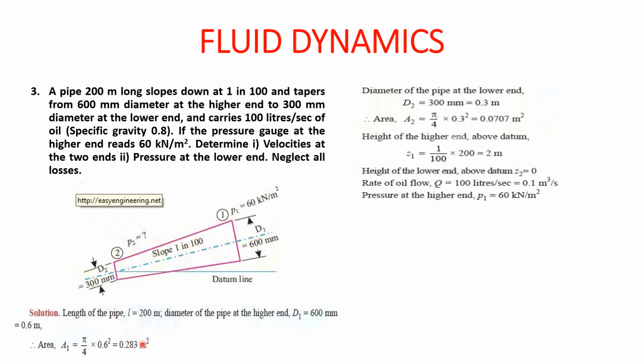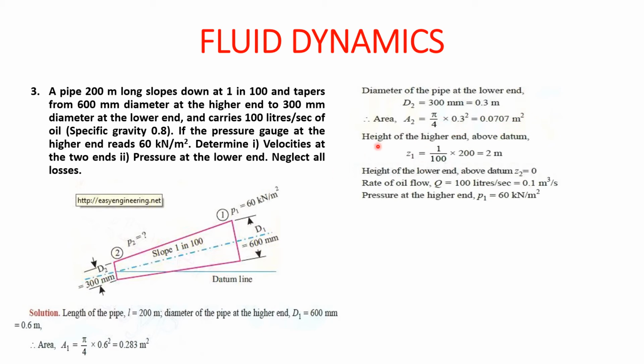Then diameter of the pipe at the lower end, D2 is 300 mm, which is 0.3 meter. So it will be very easy for us to calculate A2. So A2 equal to pi by 4 into 0.3 square. So we get this value as 0.0707 meter square. See guys, area at one section diameter is more, so area 0.283 meter square. Diameter at lower end is 0.3 meters, so therefore A2 is 0.0707 meter square.